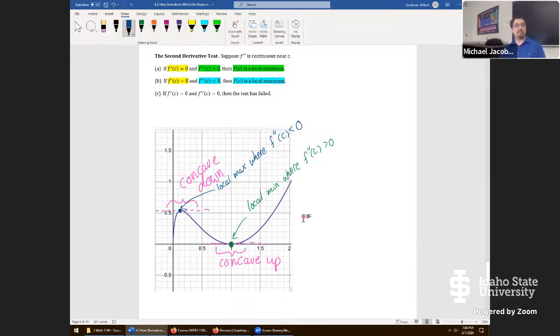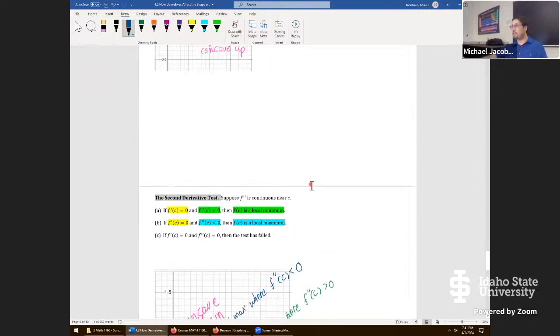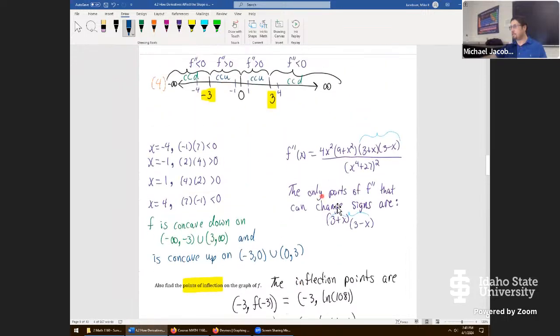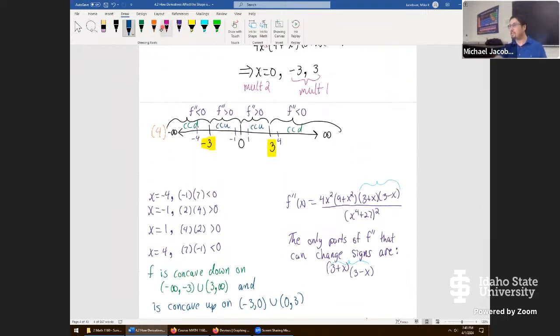So that's the idea with the second derivative test. And the good news about the second derivative test is, look at what you're skipping when it comes to local minimums, local maximums. If you decide to use this test, you skip all of this stuff right here.